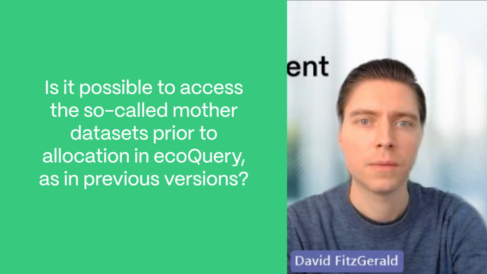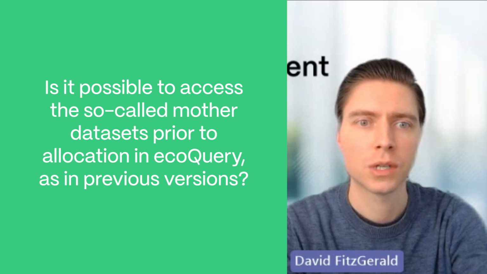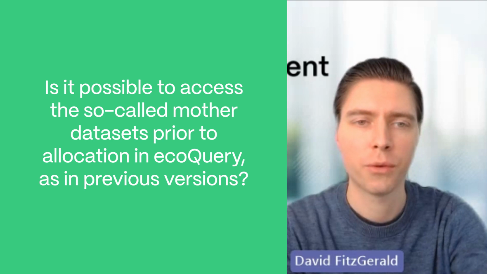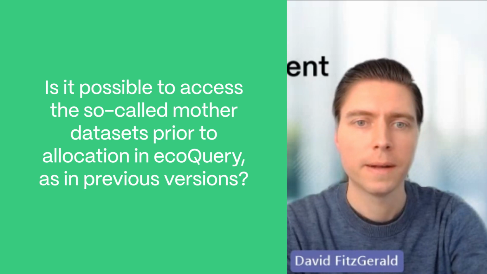These are what we commonly refer to as the undefined datasets, which show the unit processes before allocation is applied. They are actually available in ecoquery, but the way you can access them is a bit different compared to the old version.